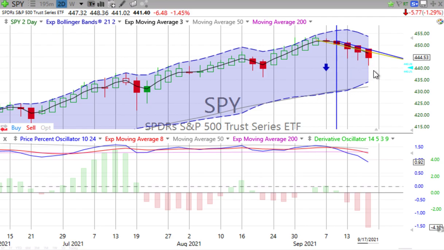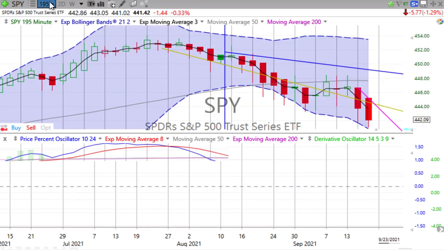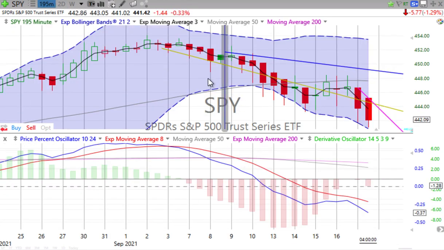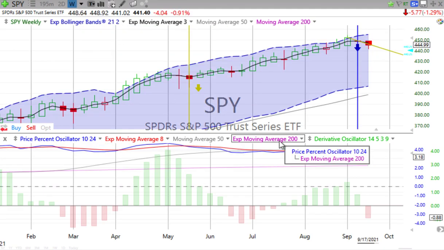Those of you who shorted things, I know you're happy. On those practice trades, derivative oscillator gaining downward momentum, price percent oscillator spiking down. You can see sort of the intraday movement went down several days, sideways up a little bit, and then dropped off, hammering down Friday. So that 2-day recross paid nice dividends to you guys on your practice trades.